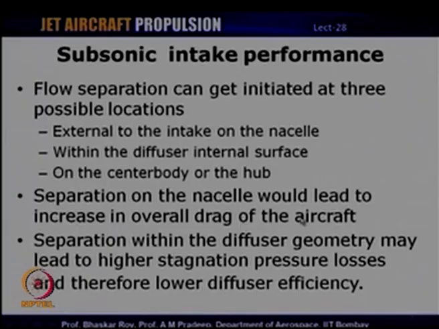This can increase the overall drag of the aircraft, and separation within the diffuser geometry obviously may lead to higher stagnation pressure loss and therefore lower diffuser efficiency. We are going to define diffuser efficiency shortly. So, flow separation can lead to higher pressure losses, which means lower diffuser efficiency.